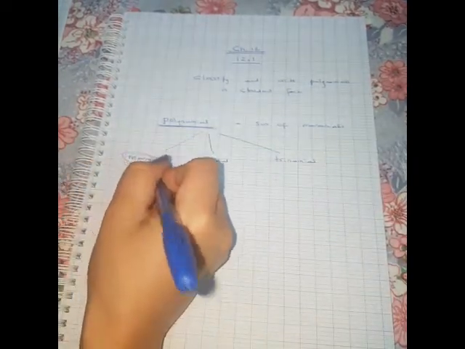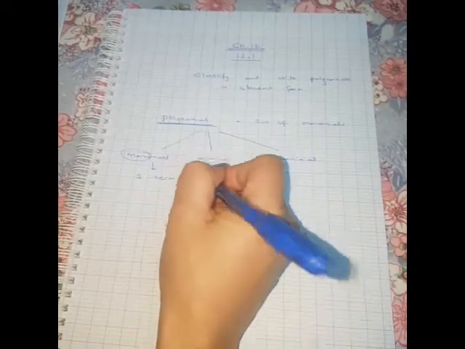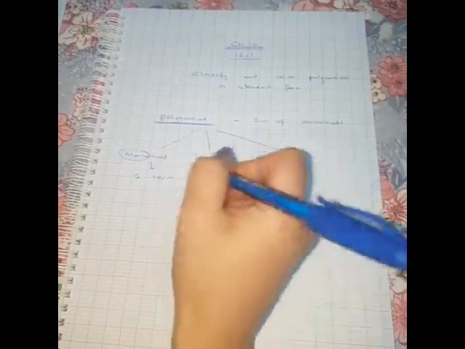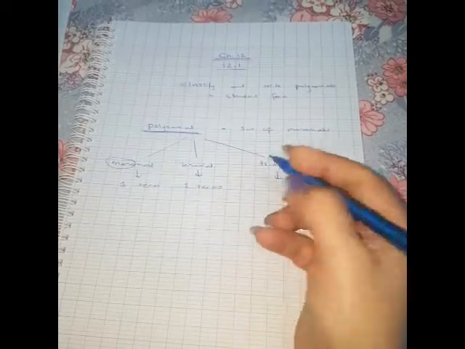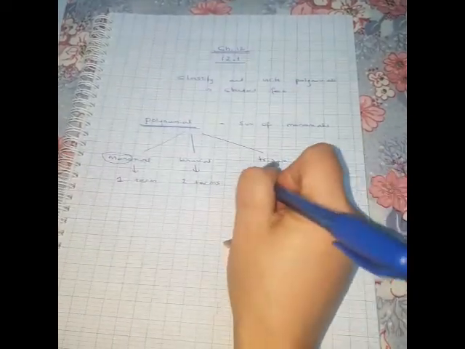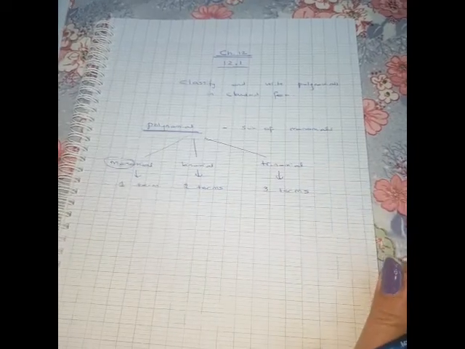From the words you can tell. Mono means one term. Bi, just like a bicycle, means two terms because a bicycle has two wheels. A tri, which is a tricycle, has three wheels, so this is made up of three terms.